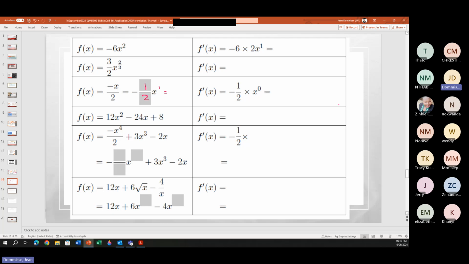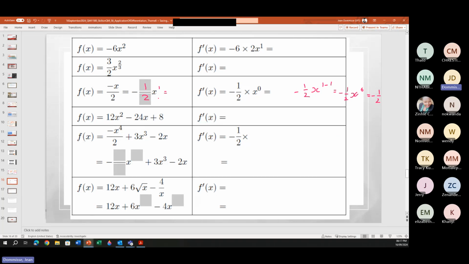The minus a half stays, and then it is x to the power of 1 minus 1, which is minus a half x to the power of 0. X to the power of 0 is 1, so that becomes just minus a half.